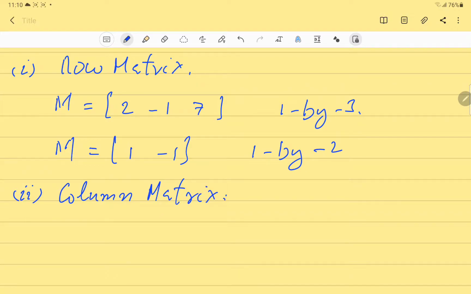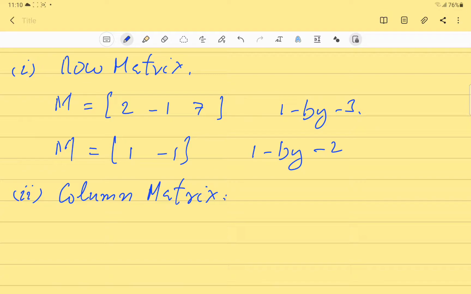So what is column matrix? Like row matrix where there is only one row in the matrix, similarly in a column matrix there will be only one column. So any matrix is called a column matrix if it has only one column.